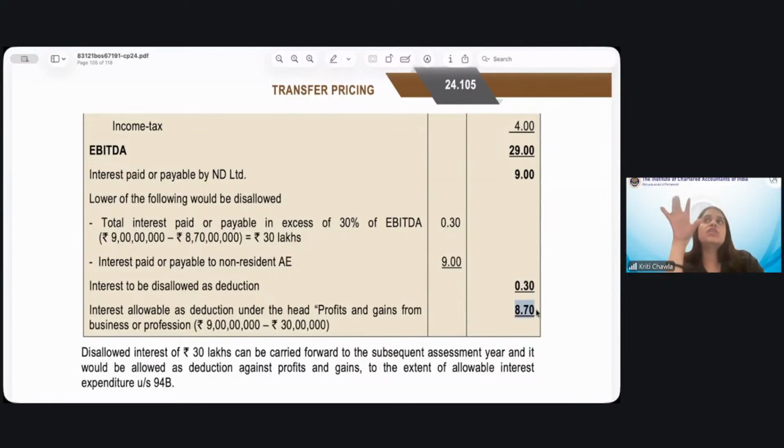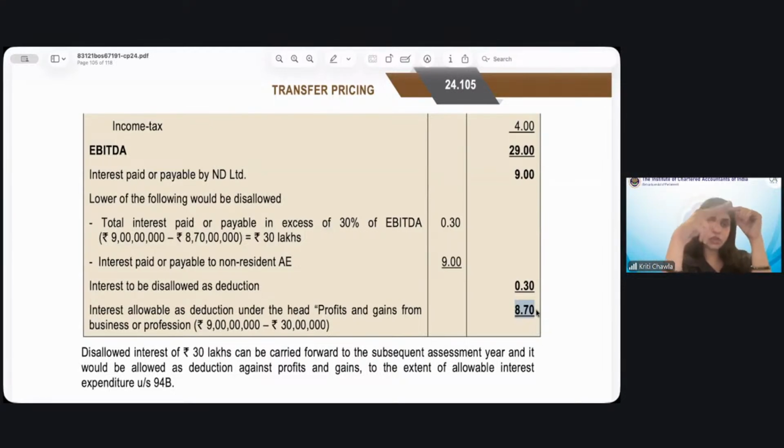Now, when it comes to interest limitation deduction, just as a summary, what is important is that first, calculate EBITDA unless it is available in the question. If it is not available, then you have to calculate earnings before interest, tax, depreciation, amortization.